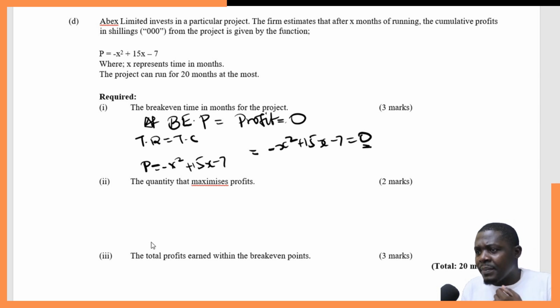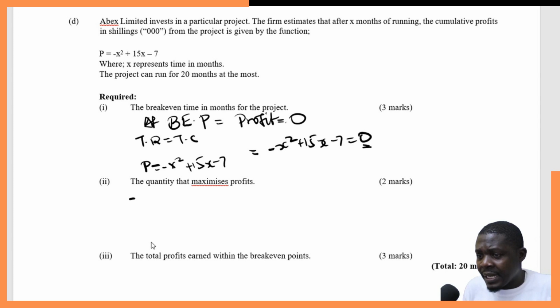Now we have to determine the value for x. In this case, it's forming something like a quadratic equation. The same way we did up there in question number 3, Roman part B. We are going to use the same methods here.